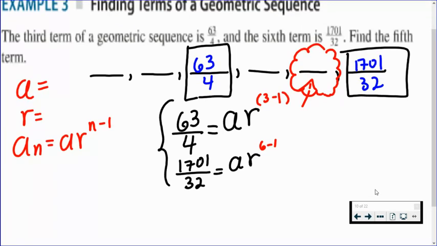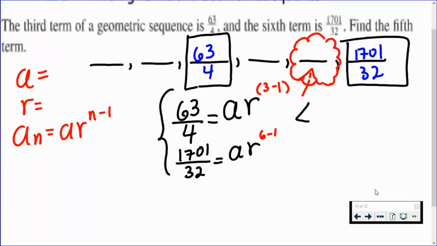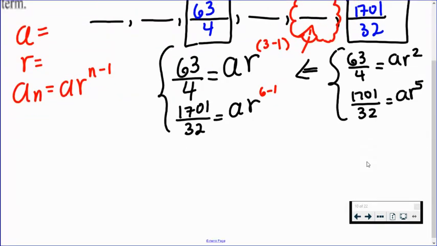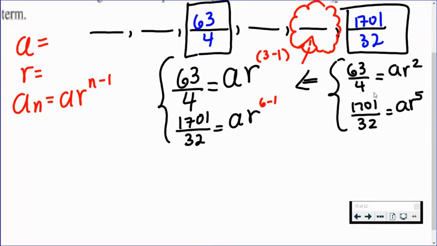I am going to rewrite the same thing in a simplified format. I notice that this is a system of equations because I have two unknown variables.